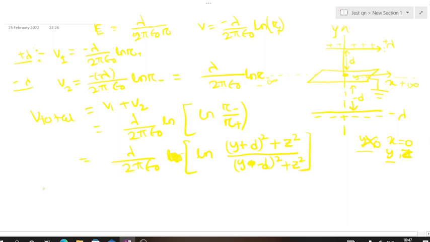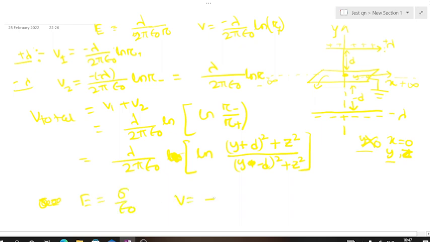So we have to find the surface charge density on the plate here. As you know, electric field is equal to sigma by epsilon naught.